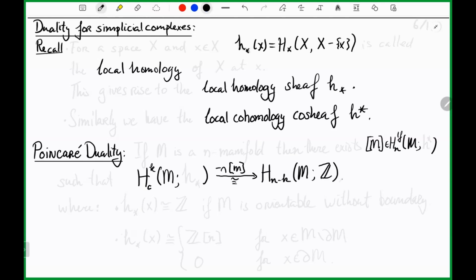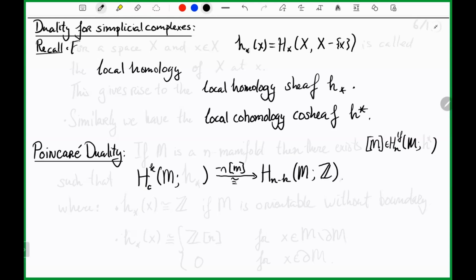Okay, so first of all, I'm just going to recall what Poincaré duality says, but I'm going to do this in a way that may not be familiar to everybody in the room. The thing I need for this is the local homology of the space.